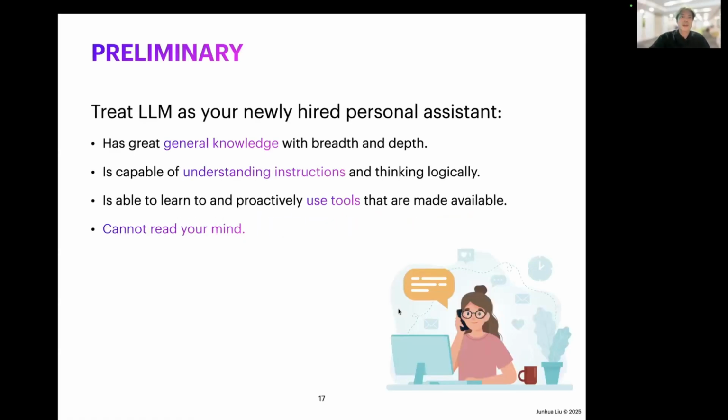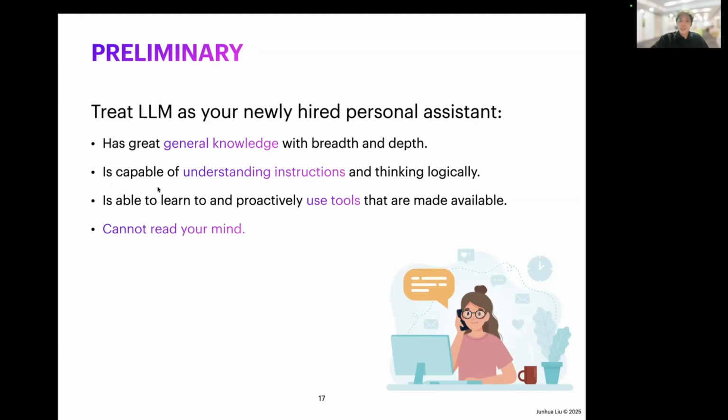With the knowledge of in-context learning, now let's talk about some prompt engineering essentials. Before we talk about each principle of prompt engineering, we should keep this at the back of our mind: we should always treat the LLM as our newly hired personal assistant. Personal assistants generally possess great general knowledge with a certain level of breadth and depth.